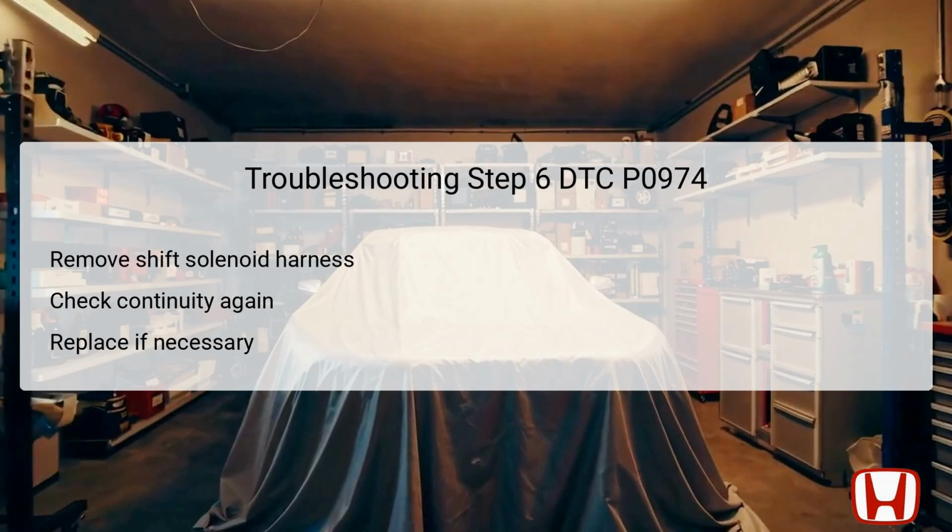Again, the ignition should be in the lock 0 position, and all relevant connectors must be disconnected for an accurate reading. If continuity is found, this means the shift solenoid wire harness is functioning correctly, and you should proceed to replace the Shift Solenoid Valve A to fix the issue.